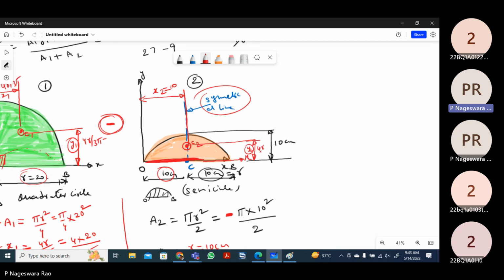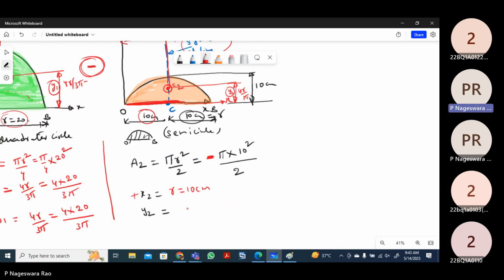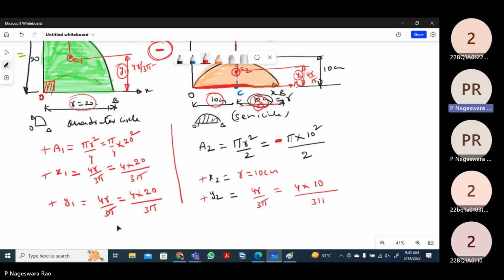So y2 will be equal to 4r by 3 pi, and it is also positive because it lies in the first quadrant. So 4 into the radius of the semicircle, which is 10 centimeters, so 4 into 10 divided by 3 pi. Now we have x1, y1, x2, y2, A1, A2, but the A2 sign will be negative.